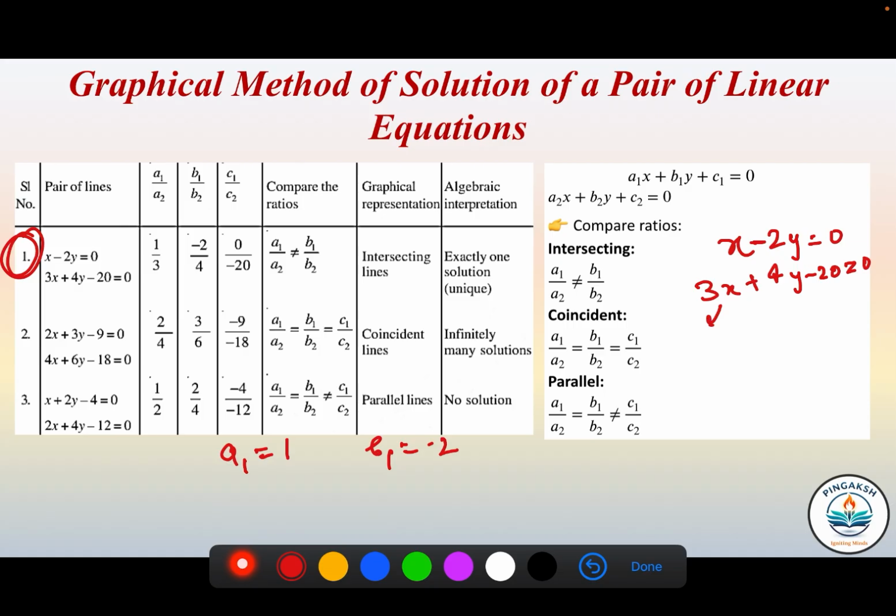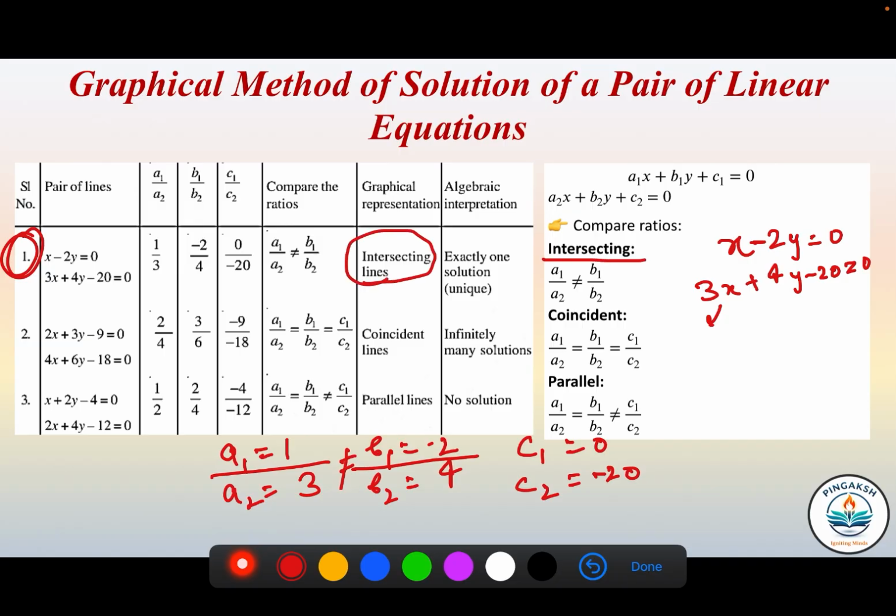In the second equation, the coefficient of x is a2, that is 3, the coefficient of y is 4, and c1 is 0 and c2 is minus 20. We see that a1 by a2 and b1 by b2 are not equal to each other, so this condition tells us that these are intersecting lines and have exactly one solution, that is a unique solution.